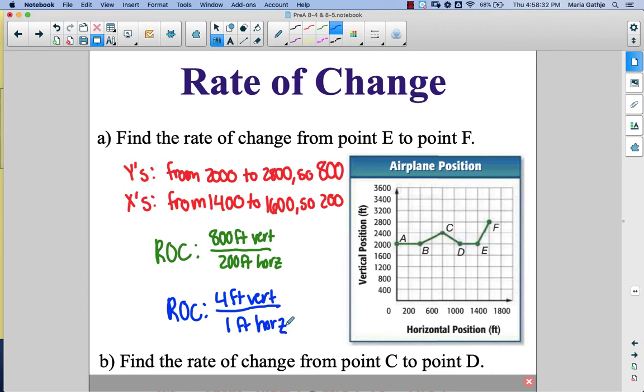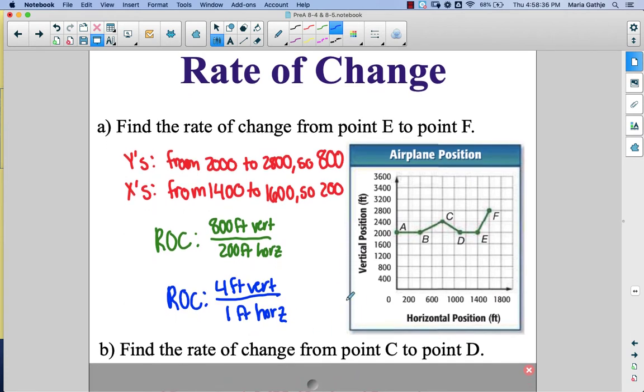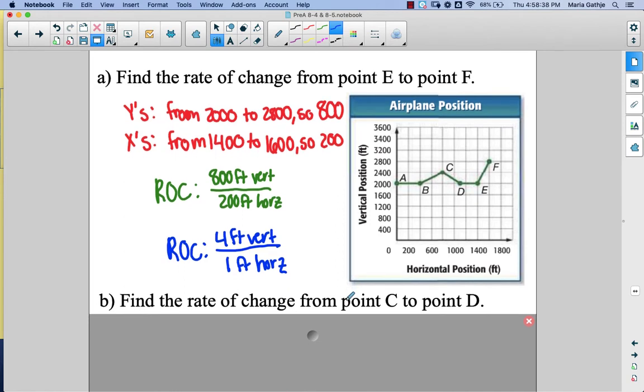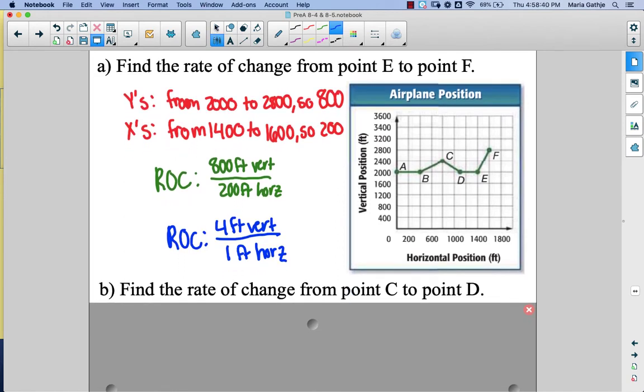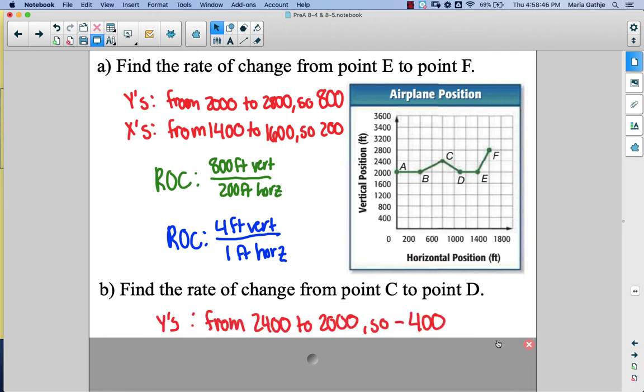I want you to go ahead now and try to find the rate of change for point C to D on your own. And we're going to start by finding the y's. So what is the change in the y's? Now that we have the y's, which go from negative 2,400 down to 2,000, I want you to find the x's.